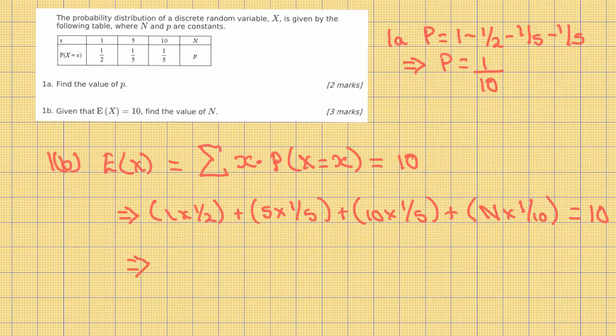Therefore, 3.5 plus n over 10 is equal to 10. Therefore, n is equal to 65.